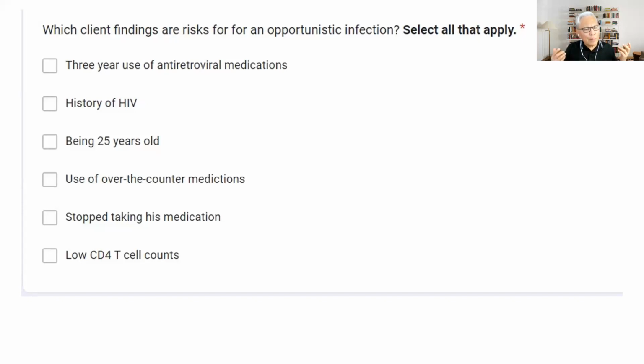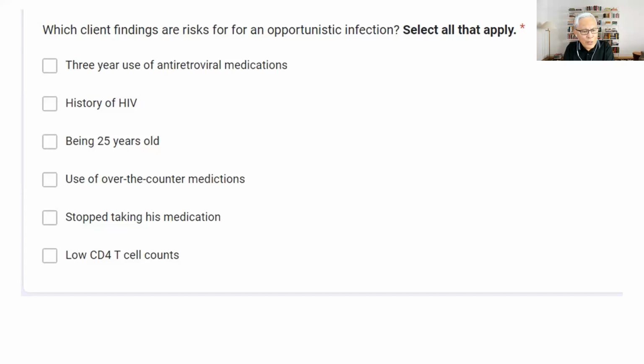All right, so what did the patient do? He stopped taking his medications, right? When you stop taking your medication, you will have an increase in your viral load again, and therefore it's going to make the CD4 count less, and you're now going to be at risk for the development of opportunistic infection.